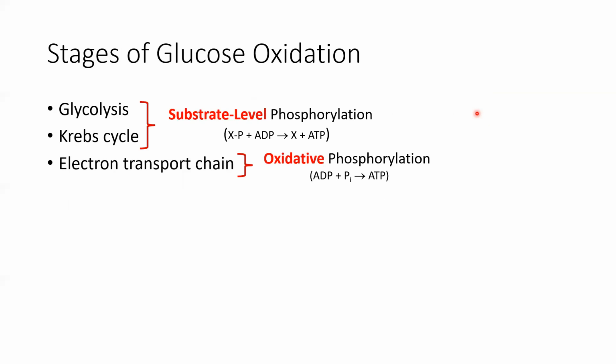What we want to further say here is that two of these stages, glycolysis and the Krebs cycle, are going to make ATP via substrate level phosphorylation. Who can remember what substrate level phosphorylation was? What was the analogy that we used earlier?